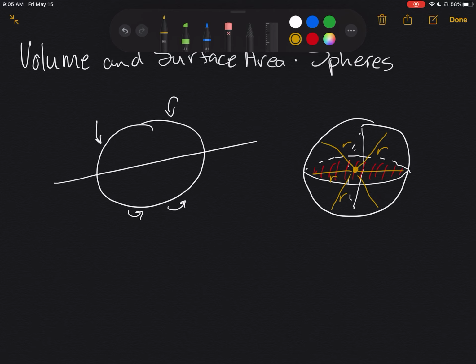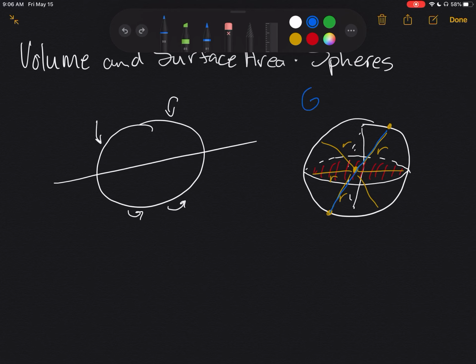Now the important thing there is that from one side of the sphere to the other side through the center point, we have the diameter, which is just 2 radius. What that's called on a sphere is a great circle.